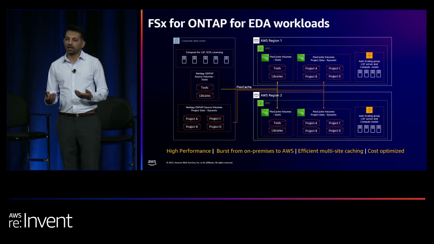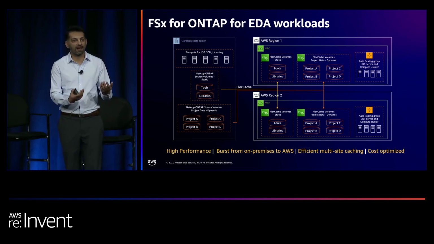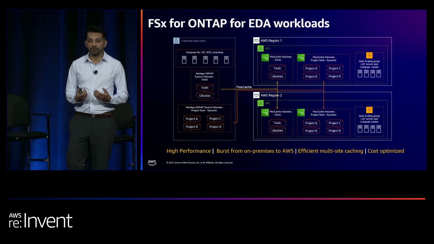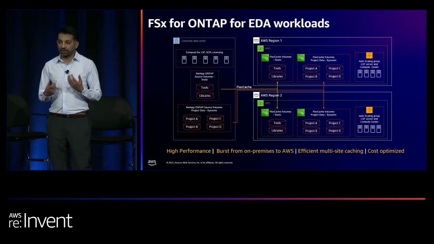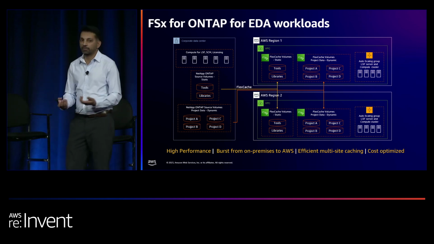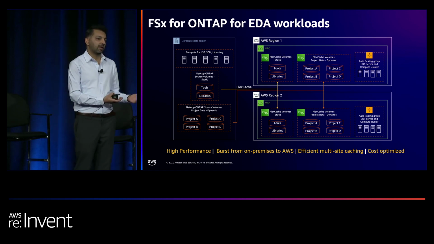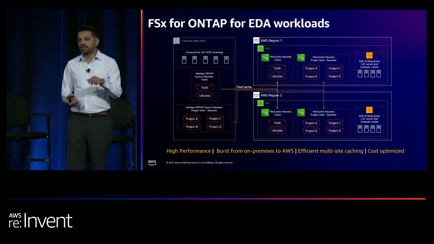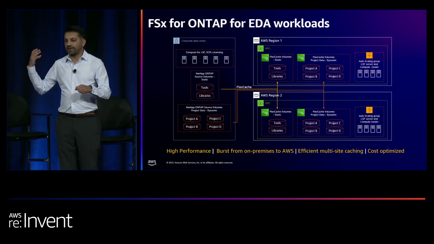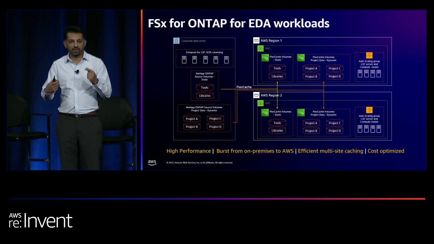And we need our developers and our designers to have access to the data very, very quickly and very efficiently. A lot of our customers are utilizing a technology called FlexCache, which provides a read-write cached copy of the data. Your source data could be on-prem on NetApp, or it could be in the AWS Cloud in one region, and you can provide a very highly efficient cache of that data within minutes to your developers across the globe.